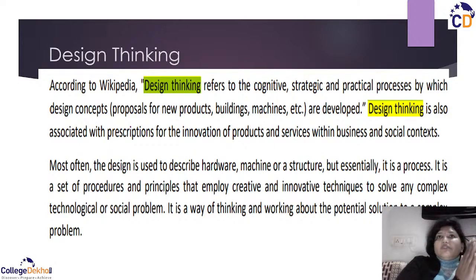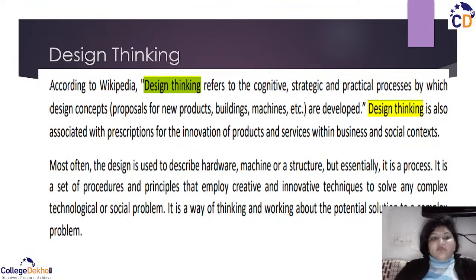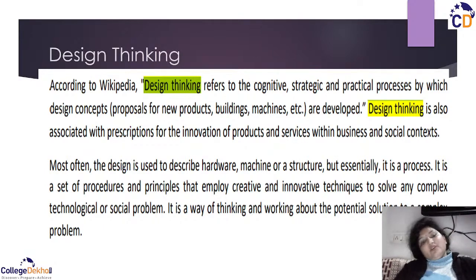There are different steps through which you can implement your idea, build a prototype, and then test it. It is a set of procedures and principles that employ creative and innovative techniques to solve any complex problem, any social problem or any problem that a person is having. You can solve that problem using design thinking. So it is a way of thinking and working about the potential solution for a complex problem.